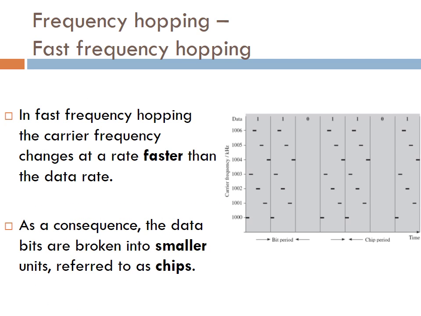Let's continue with the second type of frequency hopping, which is fast frequency hopping. In fast frequency hopping, the carrier frequency changes at a rate faster than the data rate. As a consequence, the data bits are broken into smaller units referred to as chips, as illustrated in the following figure.